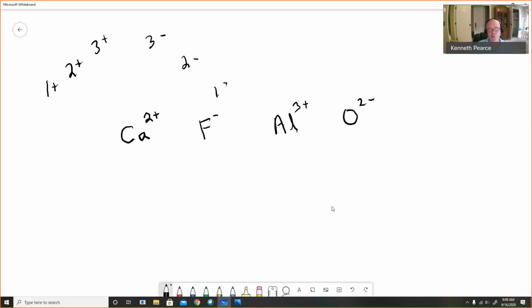Oxygen's 2 minus. Sulfur below oxygen is also 2 minus, and so forth. Having a periodic table in front of you, you can decide what the charge is going to be, because it follows that pattern: +1, +2, +3, -3, -2, -1, and so forth. Now, you may have noticed that I have put the 2 on the calcium in front of the plus instead of saying +2.